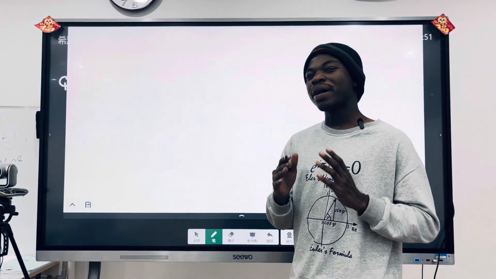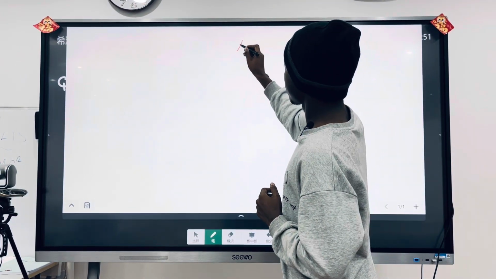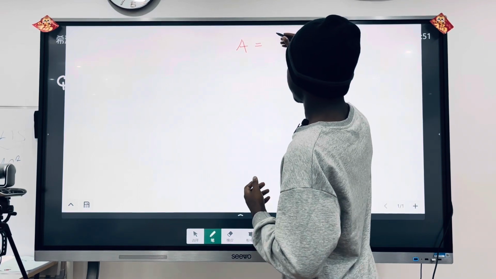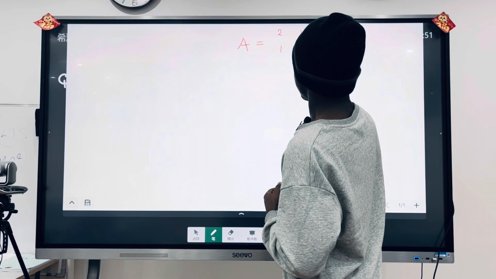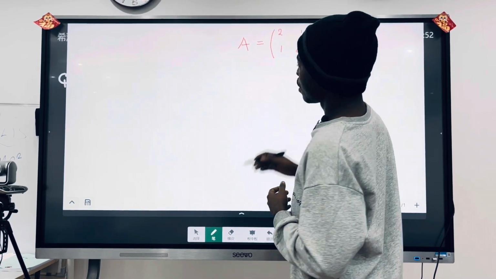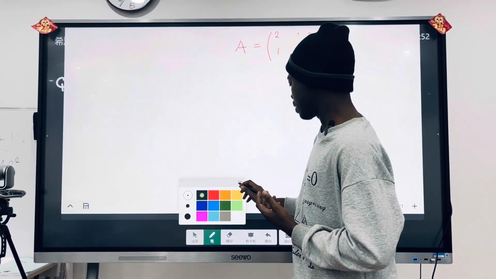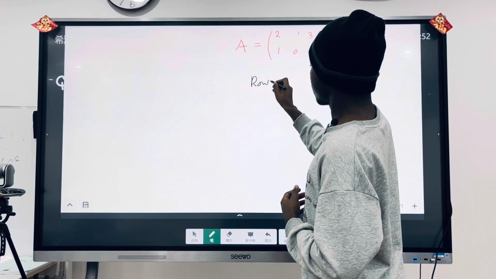So if we have a matrix represented as matrix A equal to, we can just pick any numbers, 2, 1, 3, 1, 0, -2, like that. There are terms that you should be familiar with when it comes to matrices. Number one, we have something called rows.